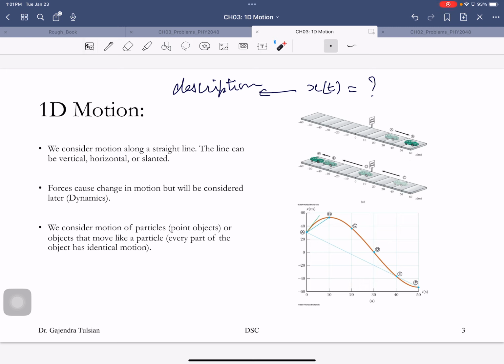Give the position as a function of time, right? So describing a motion means giving position as a function of time. We'll consider motion in one dimension initially, so it has to be a motion in a straight line.